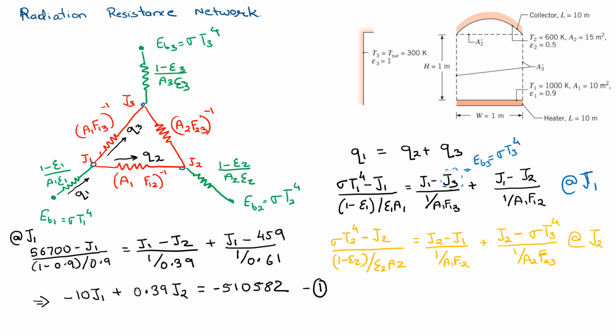So in a similar fashion we can substitute values in for the equation at J2 and get the values for that as well.